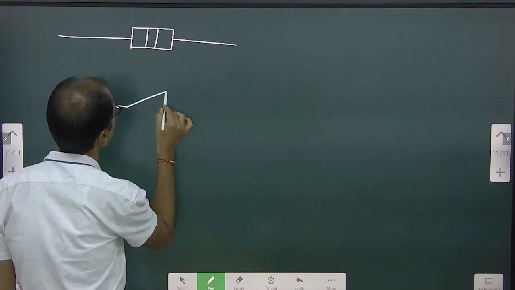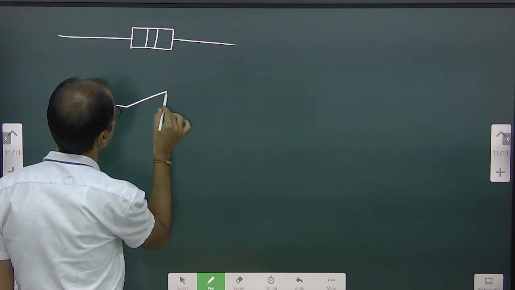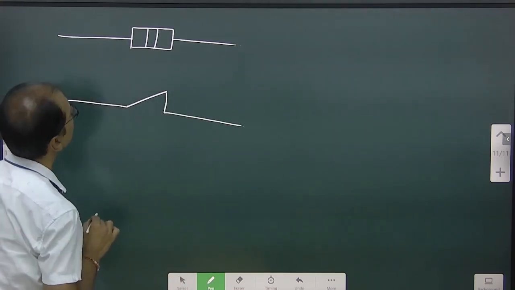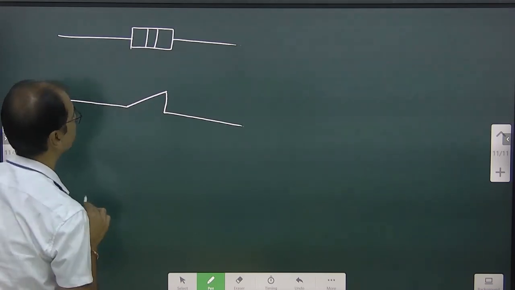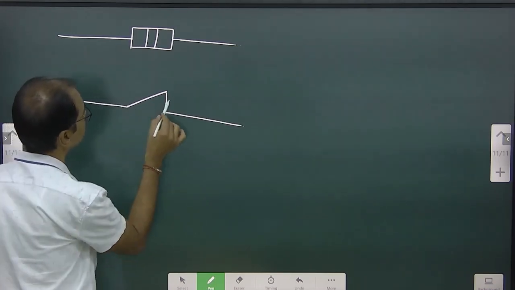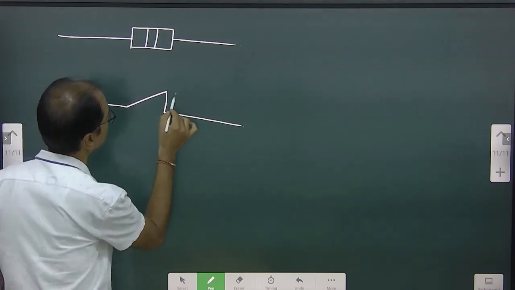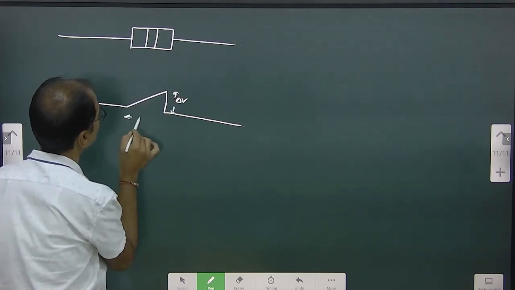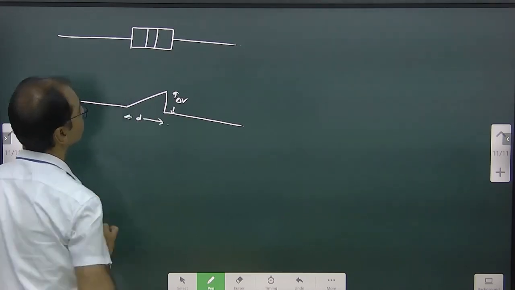Okay, this is the potential difference graph. So this is delta V, and this is T. Let me show you like this.